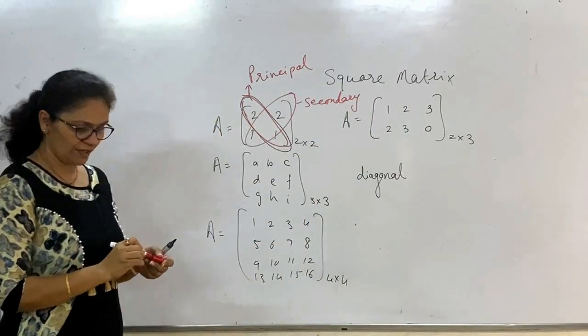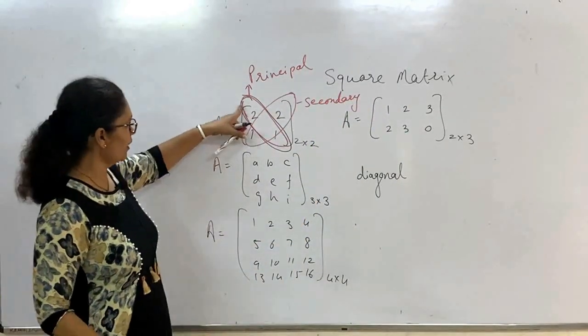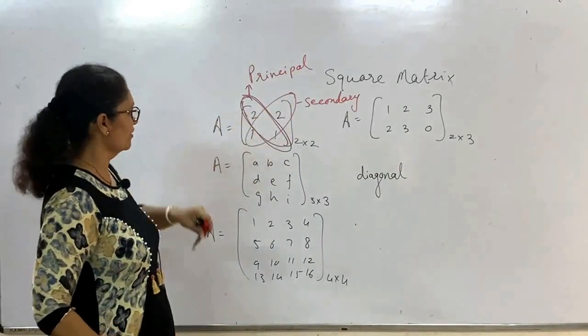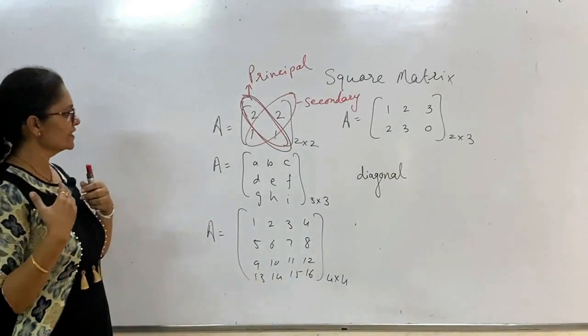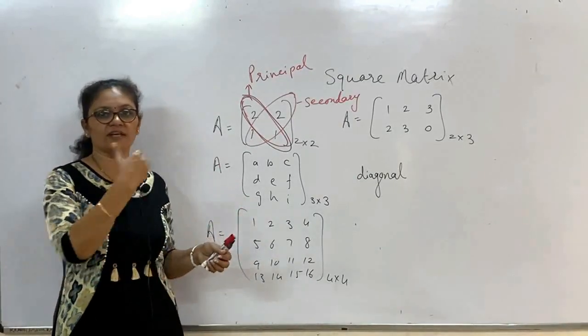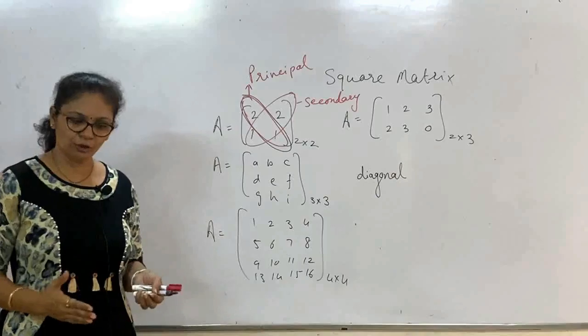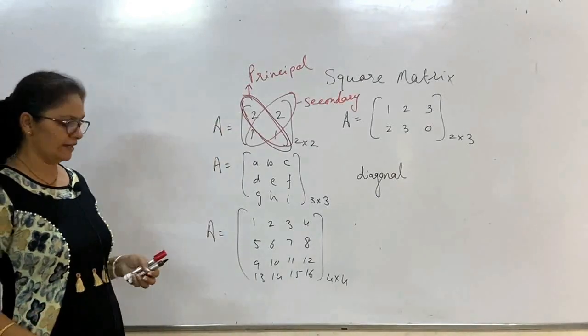So we have discussed two types of diagonal, one principal and one secondary. The principal diagonal is also called the primary diagonal or the major diagonal. The secondary diagonal can also be called the minor diagonal.